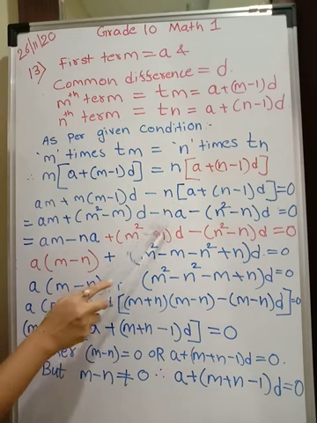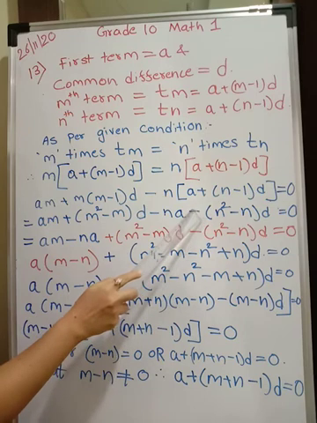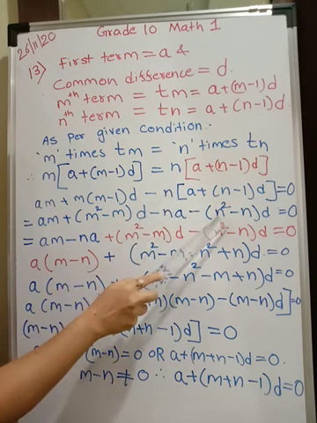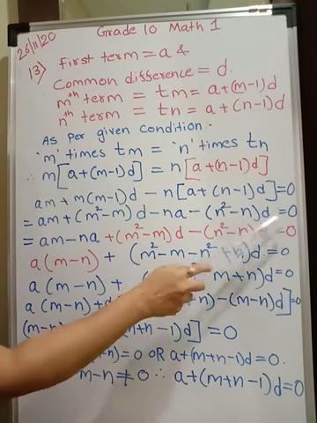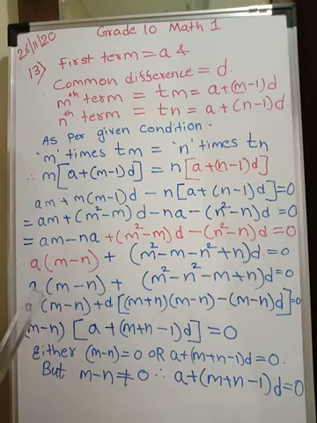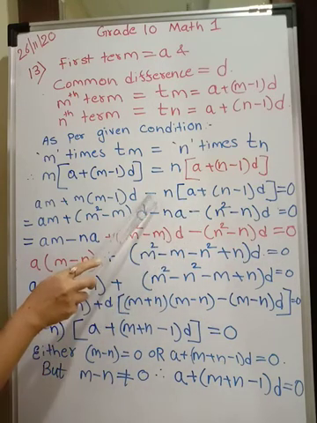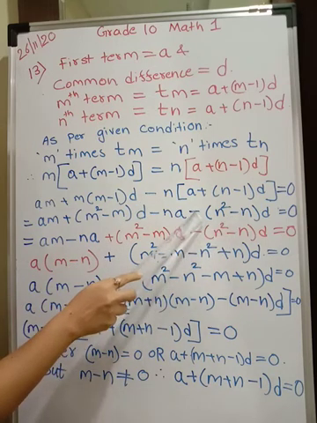So first is minus nA, minus into plus is minus. Okay, so I have multiplied over here. And then n into n is n square, minus n into 1 is n, into D, is equal to 0. Up till here is it clear? So this plus has changed into minus because of this minus sign. Now the sign inside the bracket is also changed because of this minus sign.